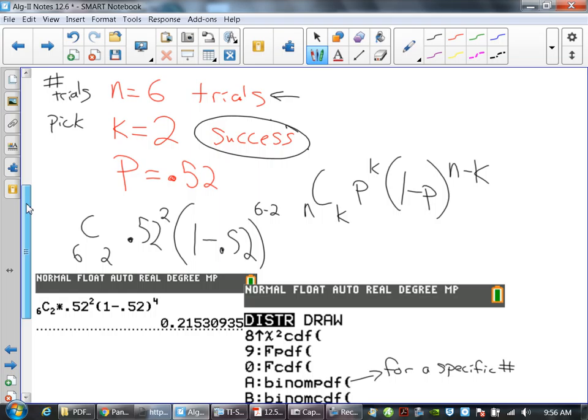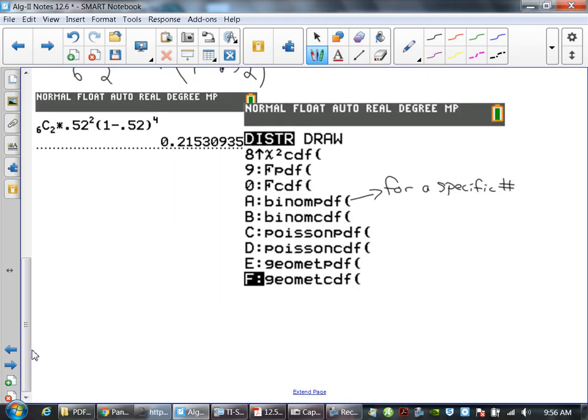The binomPDF is where you're picking one specific amount of successes. We're picking 2 successes. The CDF stands for a cumulative number of successes.